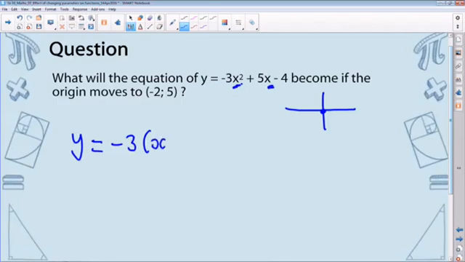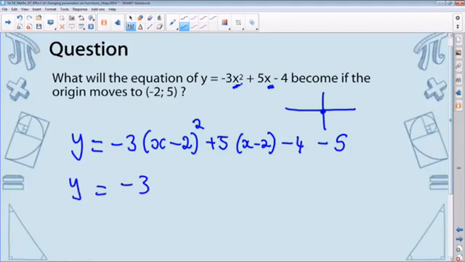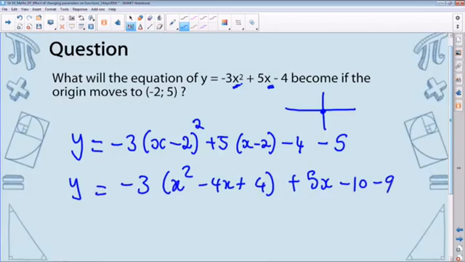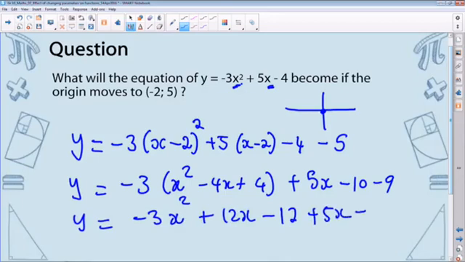So you've got your x minus 2 squared plus 5 bracket x minus 2 minus 4 minus that 5, which gives us minus 3 bracket x squared minus 4x plus 4. You'll simplify, plus 5x minus 10 minus 9, which is y equals minus 3x squared plus 12x minus 12 plus 5x minus 19, and that is your y equals minus 3x squared plus 17x minus 31.